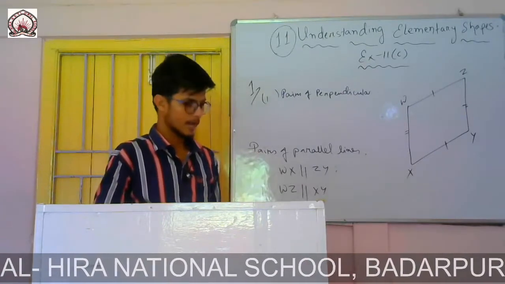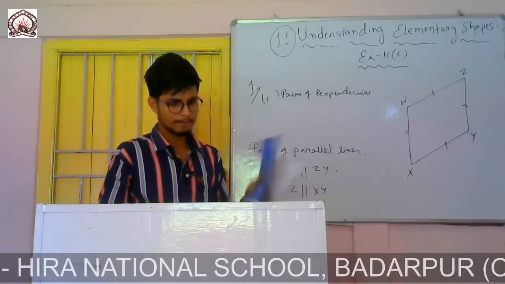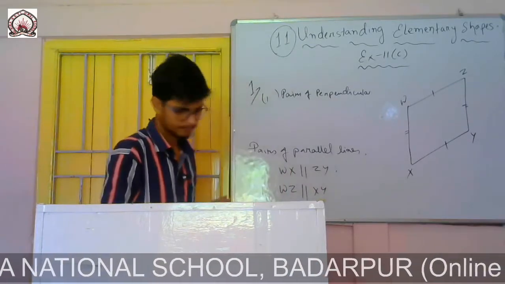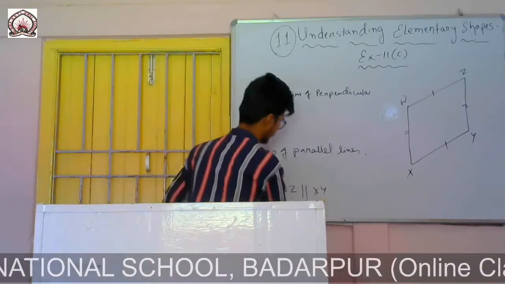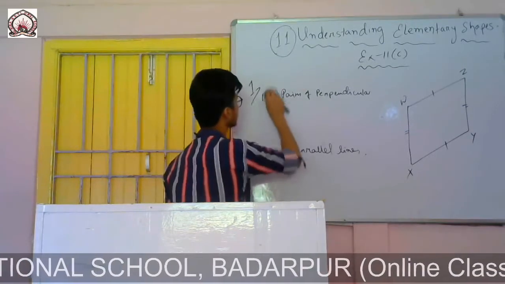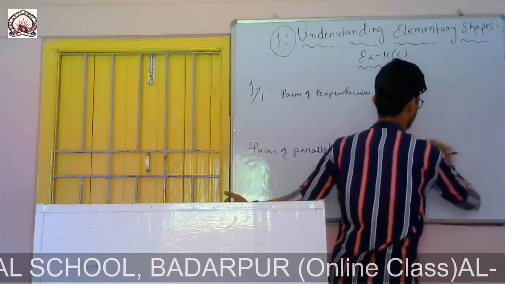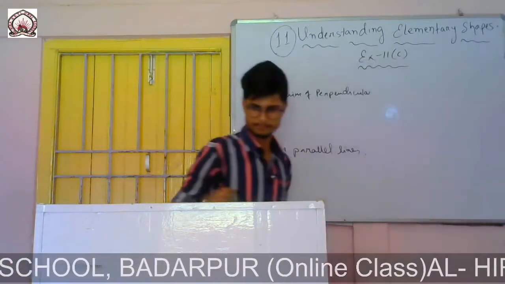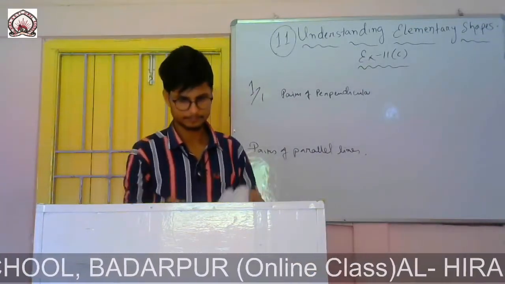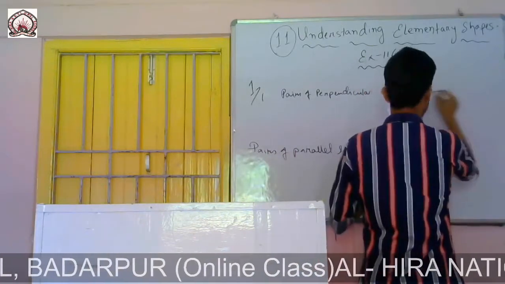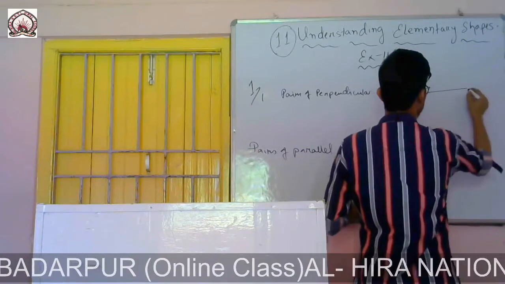Okay. Now you see Roman number 5. The diagram is given like this.